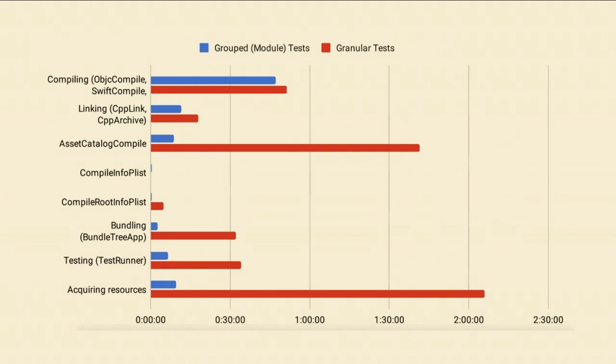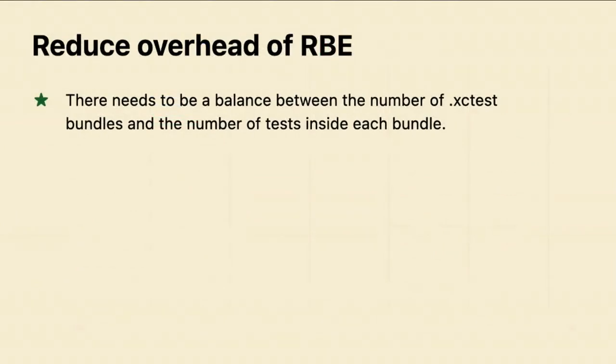In the real world, it was still just 15 minutes, but it wasn't really efficient in terms of remote build execution and machine utilization. We can now run it in 50 minutes on one machine without any problem. In short, we need to keep the balance between the count of test bundles and the number of tests per bundle.